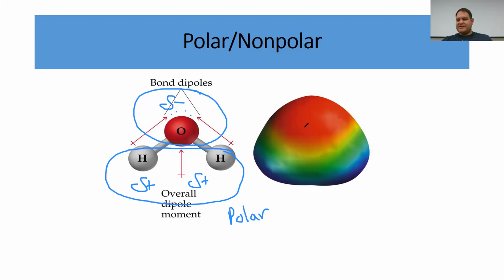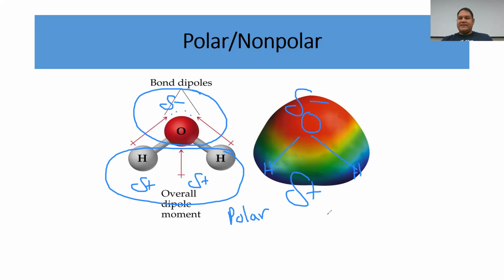You can see that by our distribution here, where oxygen is there and our two hydrogens are here. Where the blue is, you can see the small electron density on the two hydrogens and the large electron density in red of the oxygen. So our dipole, this area here is going to be electron rich, and down here it's going to be electron poor when we get our dipoles, okay?